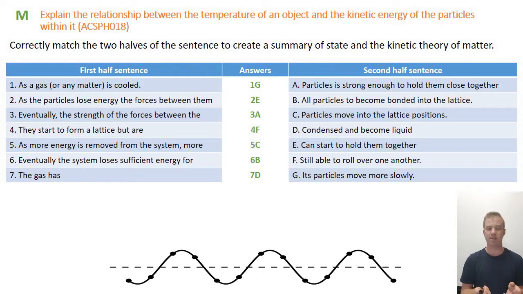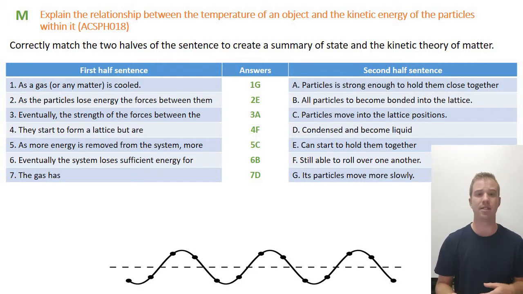Eventually, the system loses sufficient energy for all particles to become bonded in the lattice, and the gas has condensed and become liquid. Okay, so this is a bit of a literacy exercise, matching the first half to the second half of the sentences. And we just touched on state, temperature, and the kinetic theory of matter in these questions.